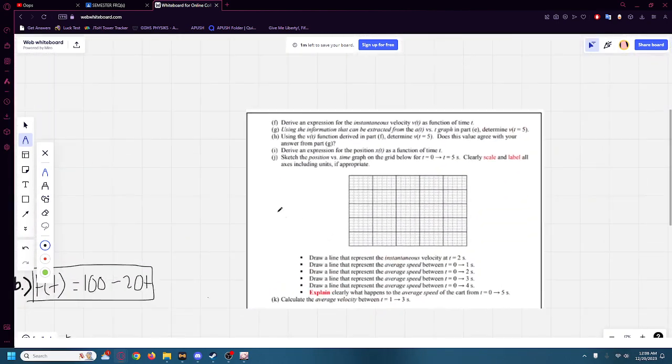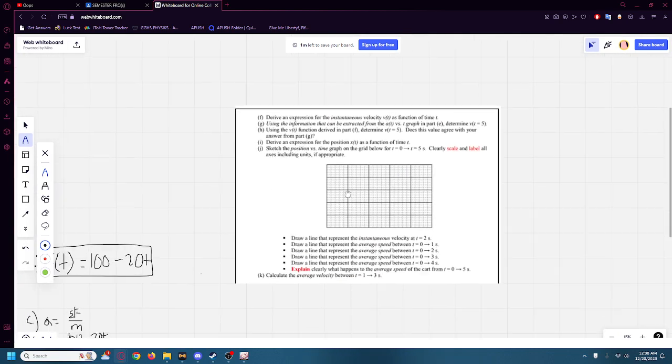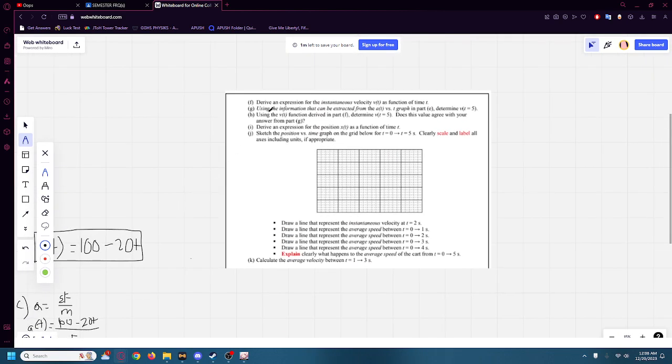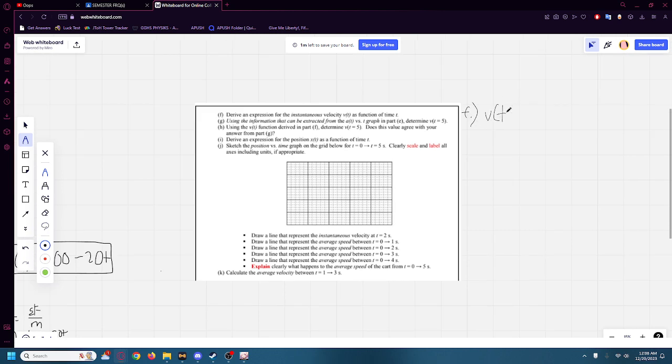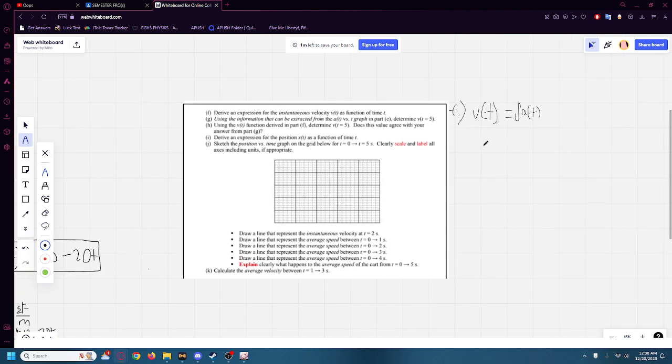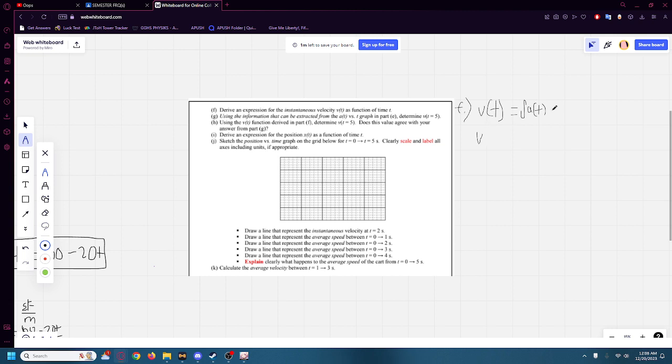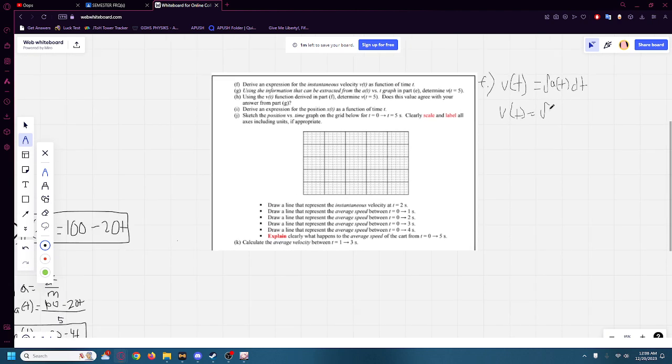So part F, to derive v of t, we know that v of t is the integral of a of t. So v of t is equal to the integral of 20 minus 4t dt.